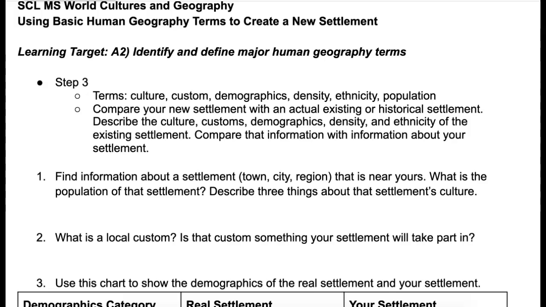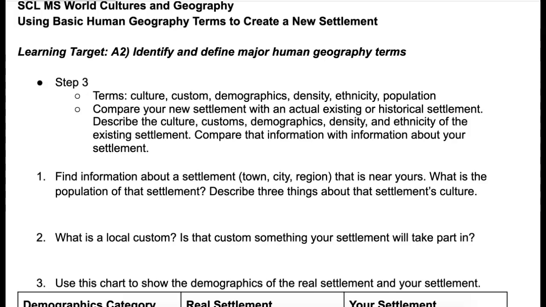One of them is going to be a real place, and one of them is going to be your place. And so looking at demographics, you are able to determine what types of people live in certain places. So you're going to categorize people by age, by race or ethnicity, and by gender.